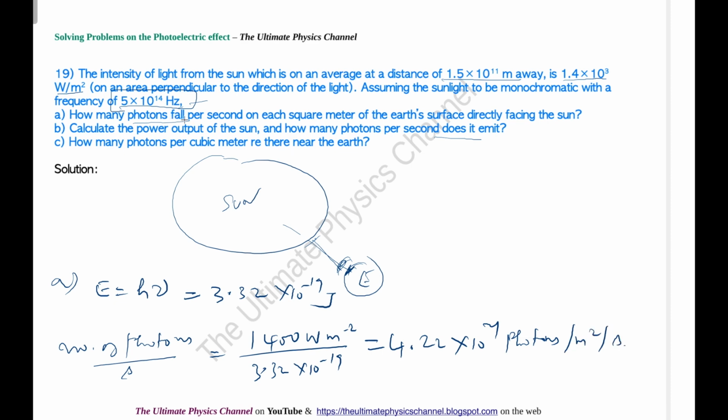So how many photons fall per second on each square meter? The answer to part A is this: of Earth's surface directly facing the sun.